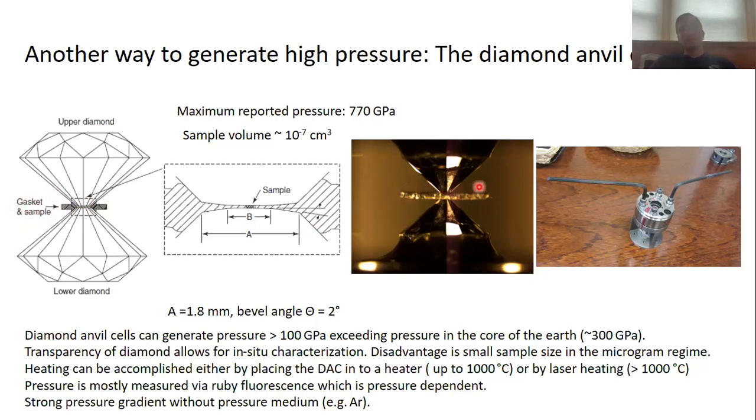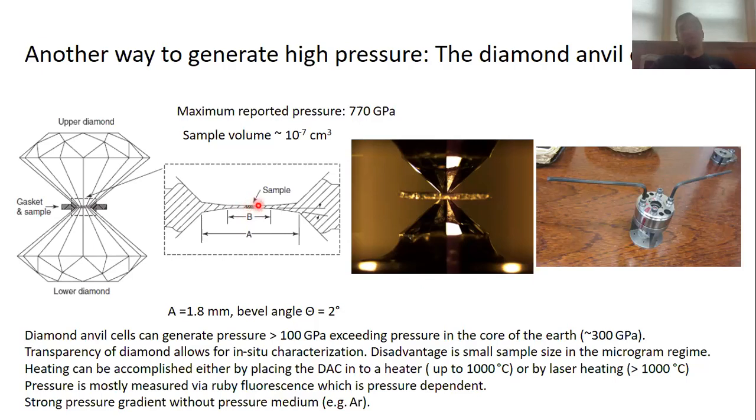You see here an actual photograph of it, in between your two diamonds, with a small hole in it, which is typically a fraction of a millimeter, between approximately 0.1 and 0.5 millimeters wide. And in that hole there is your sample. And you see from that your sample amount will naturally be extremely small.